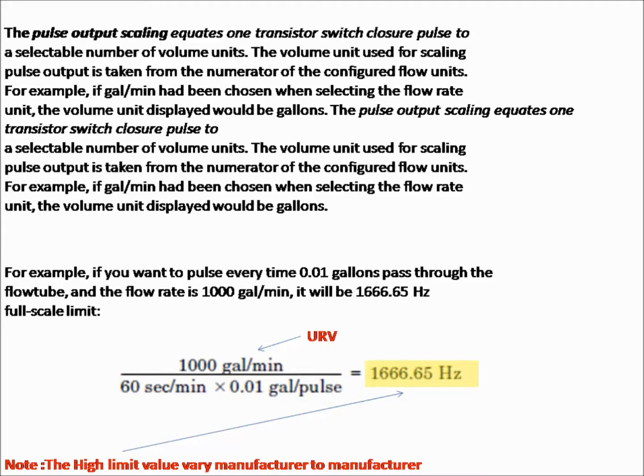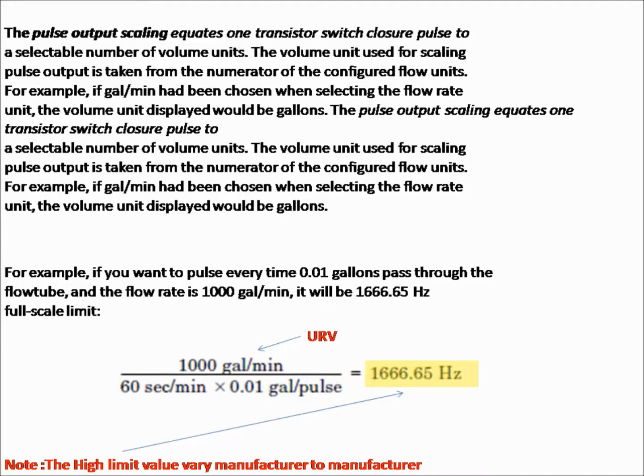We have to divide the URV, upper range value, that we have selected earlier by 0.01 gallon per pulse and 60 seconds per minute, and the result will be around 1666.65 Hertz.